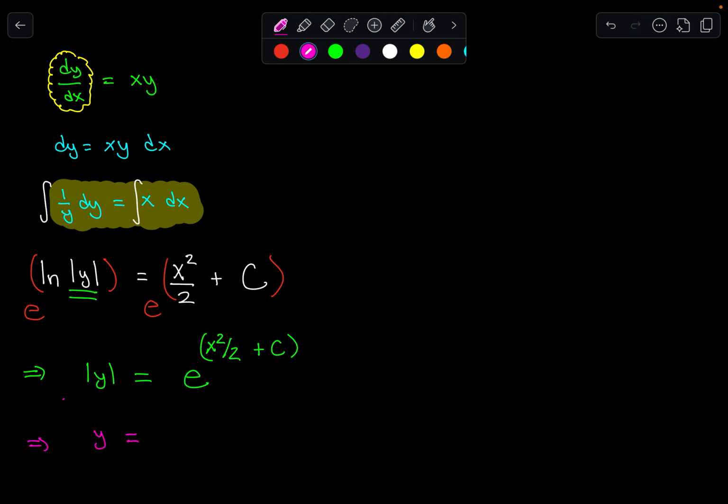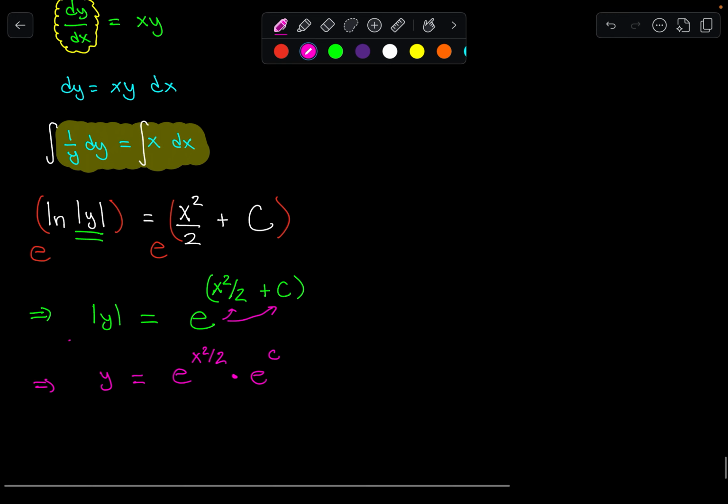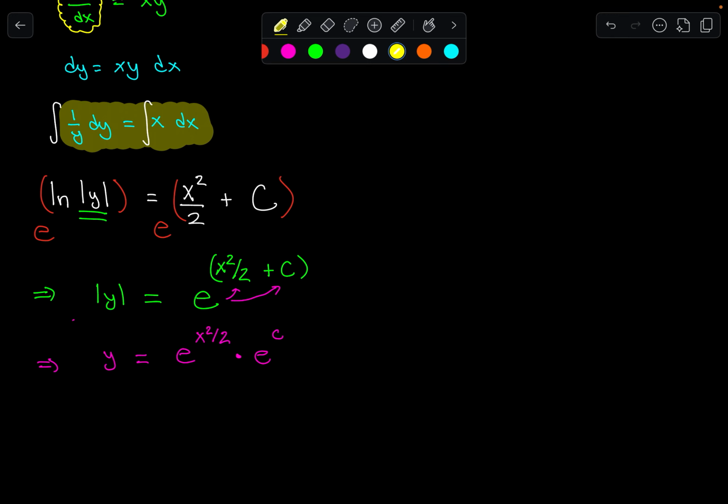And the next thing that we get to notice is that we can use our exponent rules to rewrite the right-hand side in the following manner. We could write it as e to the x squared over 2, but then I can write times e raised to the power of c. And why am I doing that? Well, last time I checked, e raised to the power of c is just another brand new constant.